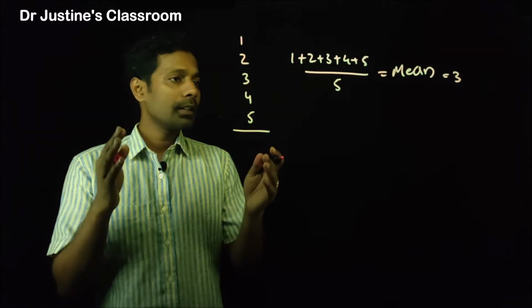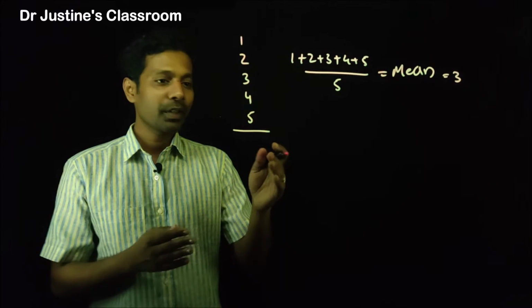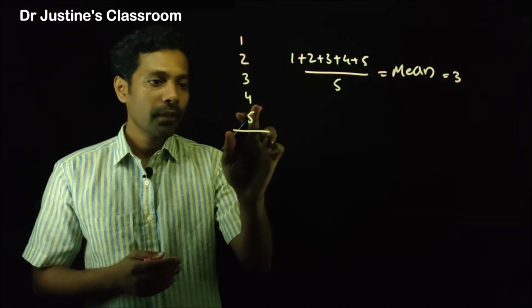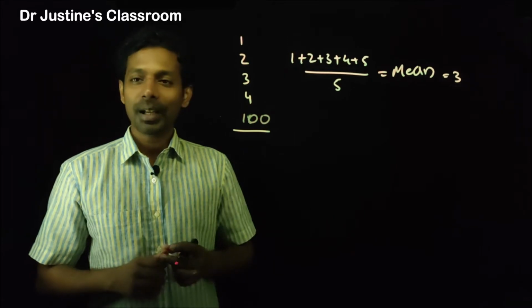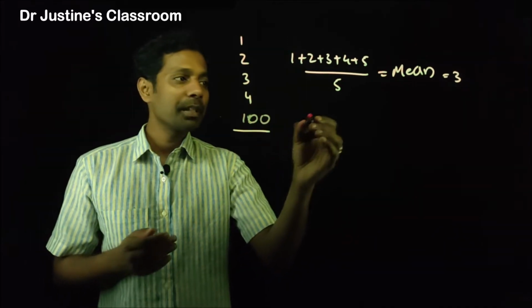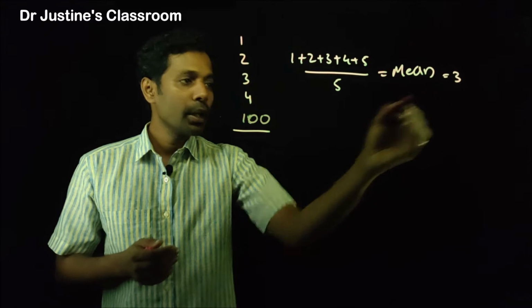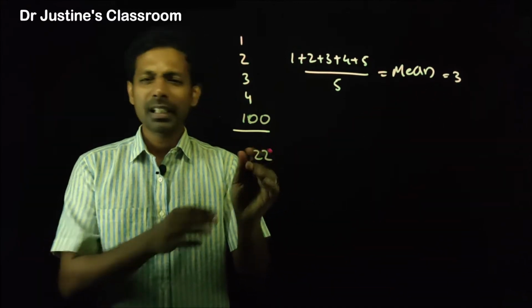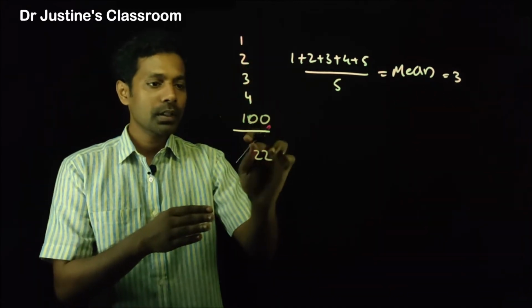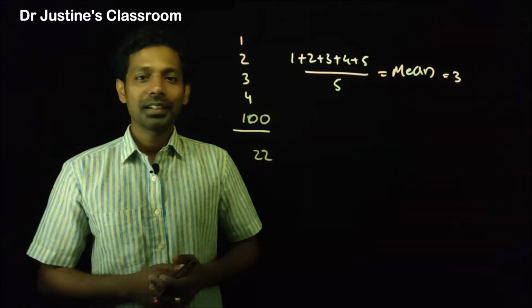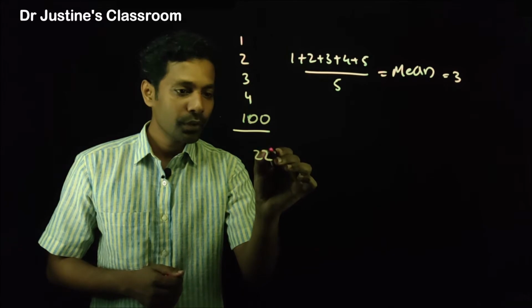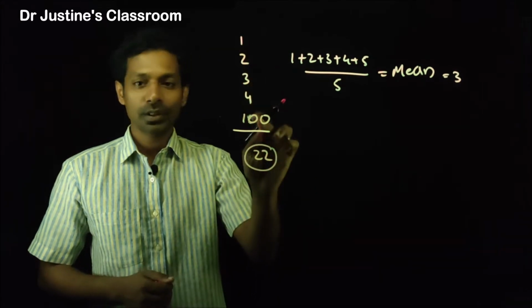And what if some of the values are different? For example, instead of 5, I have a score of 100. So what happens? In general, the arithmetic mean moves from the center point 3 towards nearby 22. If you add all the scores and divide by 5, you get a score nearby 22. Now, think about whether this value 22 is representing any of the scores here.